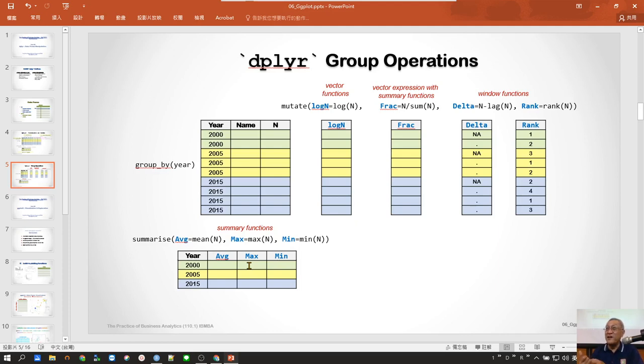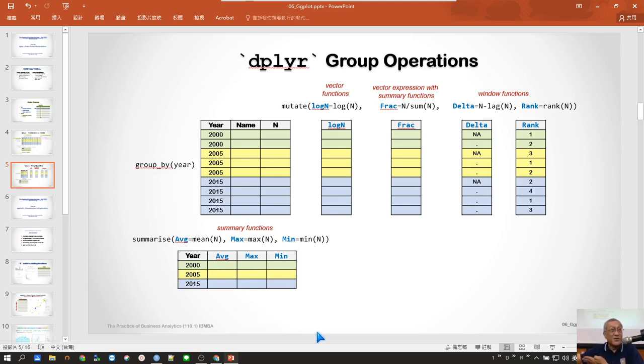One of the things that I did not mention is that after doing one summarize, it will remove one group structure. But only one. If you group by 3 group variables, after each summarize, the last group variable will be removed, because after summarize, the last group will be summarized into one row.